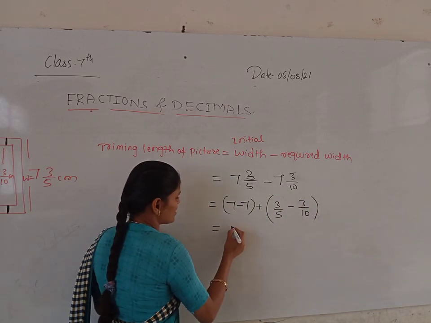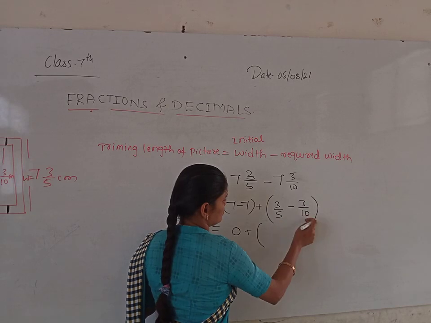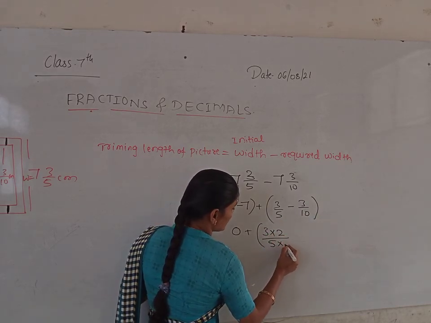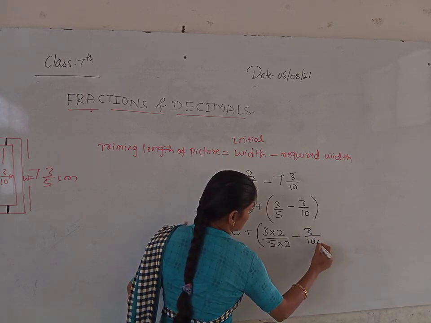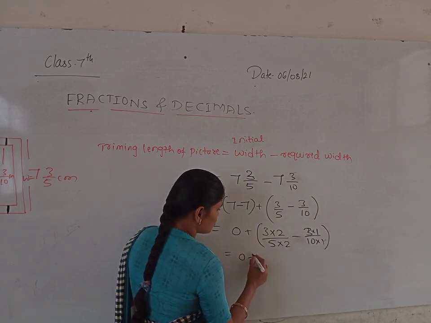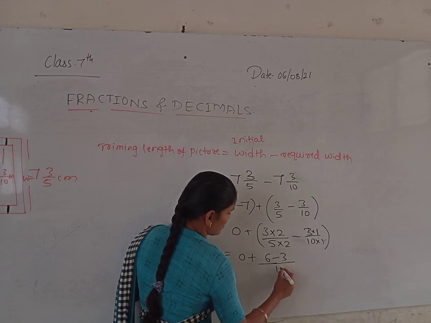Then what is the LCM here? 7 minus 7, 0 plus, LCM 10. 5 2s are 10. 10 1s are 10. Okay. Now 0 plus 3 2s are 6/10. Then minus 3/10.